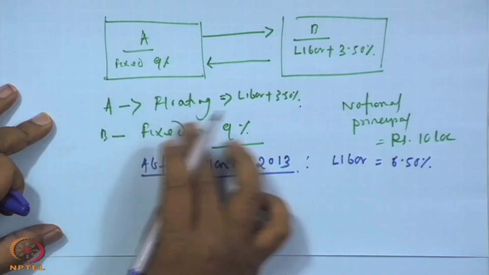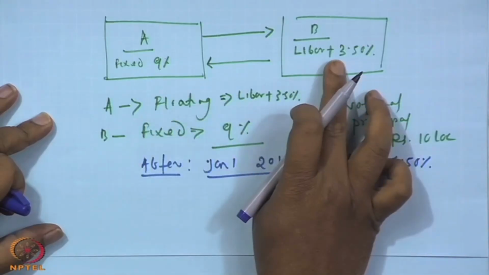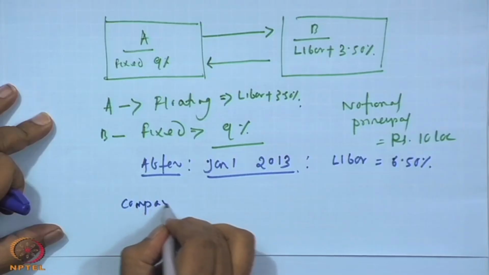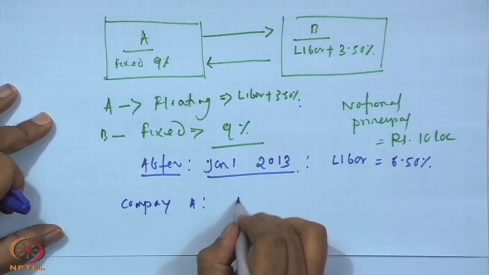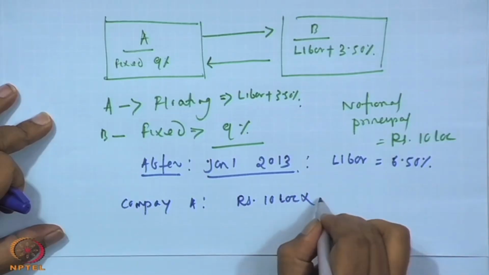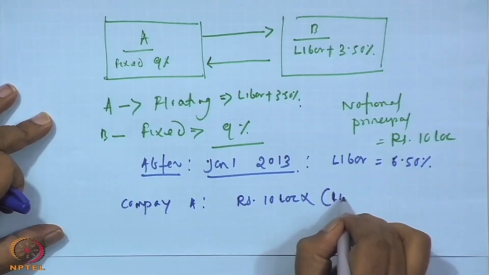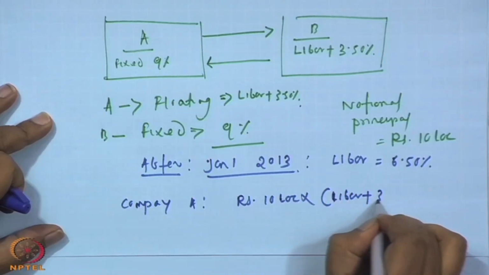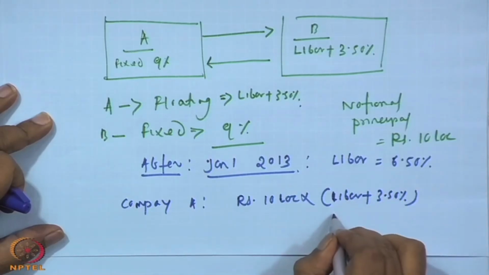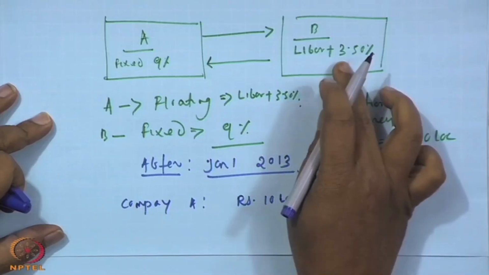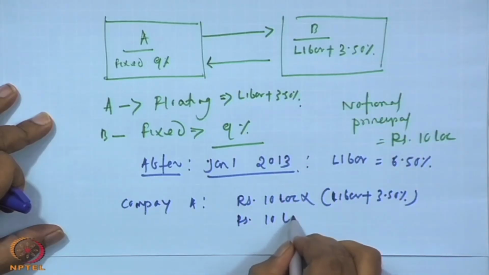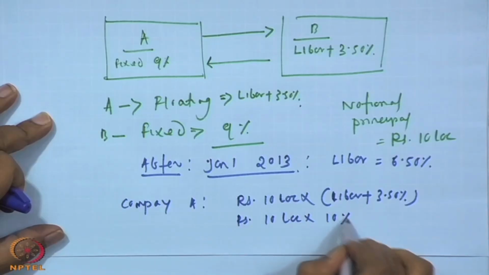Company A will pay floating, so the transaction for company A will be 10 lakhs into LIBOR plus 3.5. LIBOR is 6.5 plus 3.5, now 10%, so company A will pay 10 lakhs into 10%.